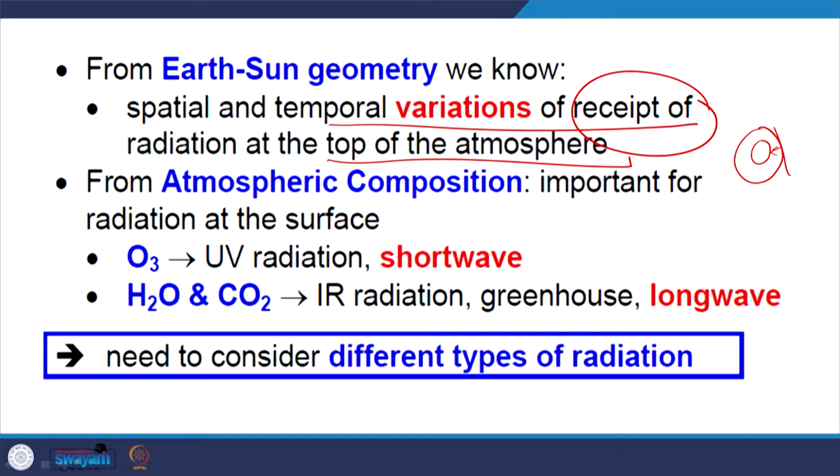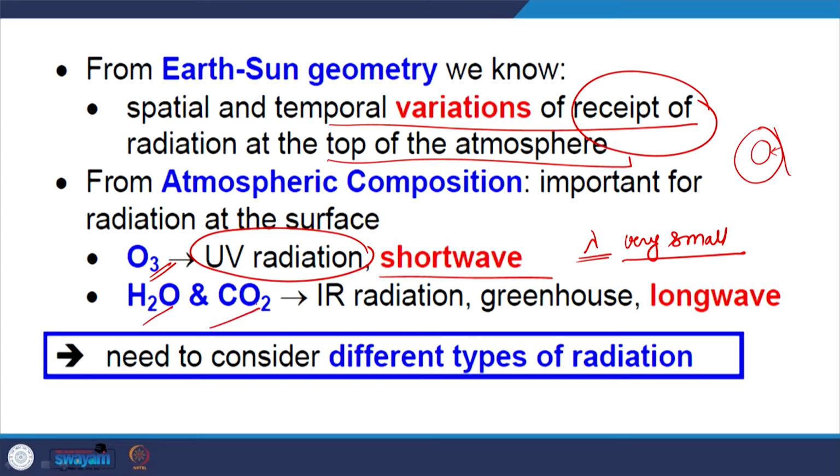Okay. Now, what we have seen is that the ozone, O3 molecule, requires ultraviolet radiation. The ultraviolet radiation is short wave. Why? It is short wave because the lambda is very small. The ultraviolet radiation's lambda is very, very small. Okay. The other molecules, let us say water vapor and carbon dioxide, are generally excited by the infrared radiation.